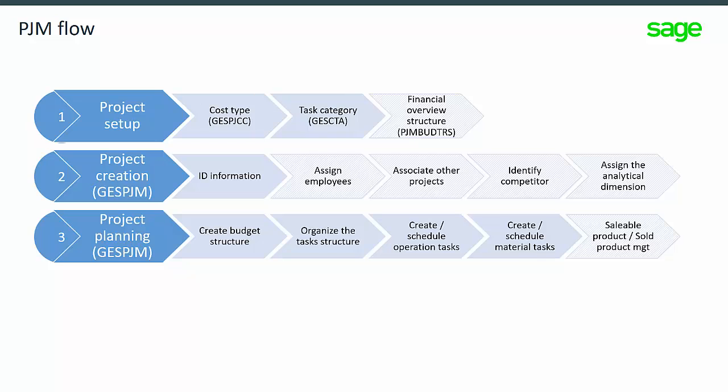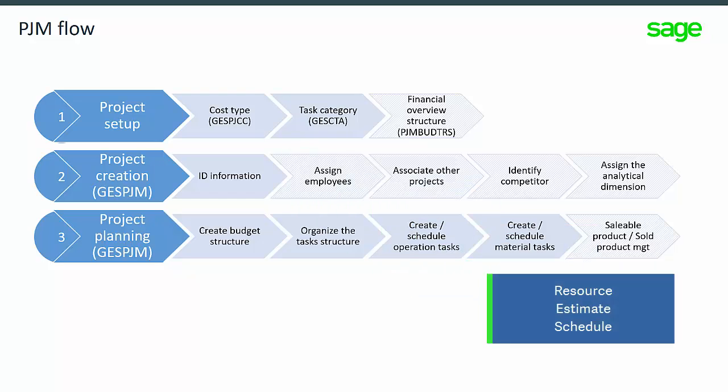The project planning starts with manual creation of the budget structure and then the creation of the operational structure to plan and organize the tasks. To do so, you will identify the macro tasks, task groups, operational tasks, and for each labor task, you assign the resource, estimate each task, and schedule each task.